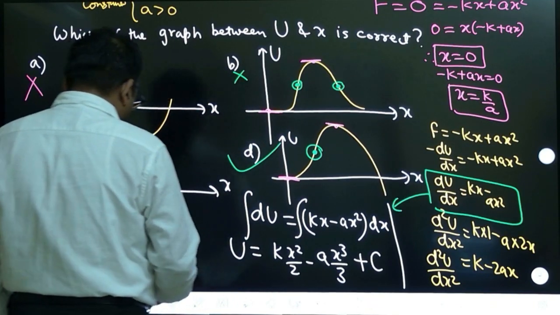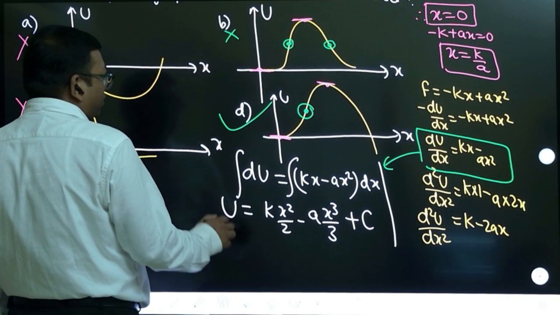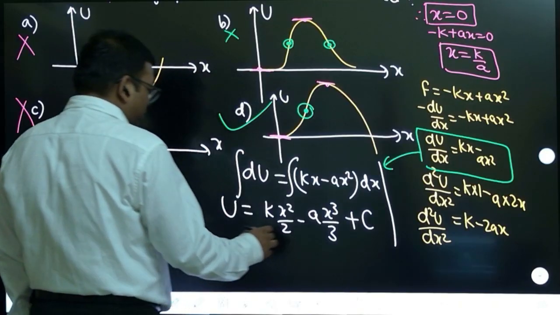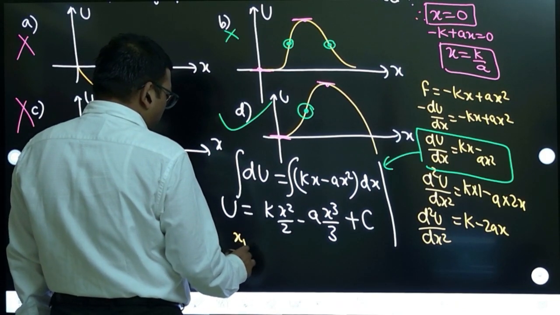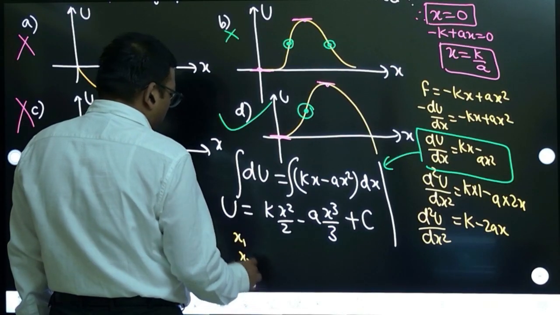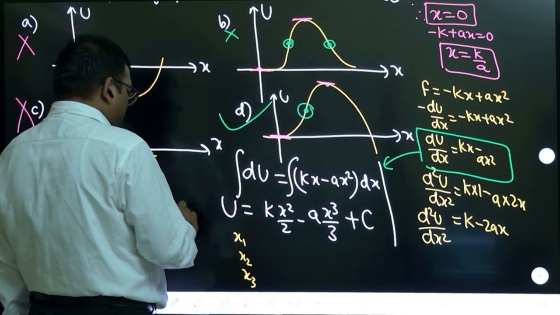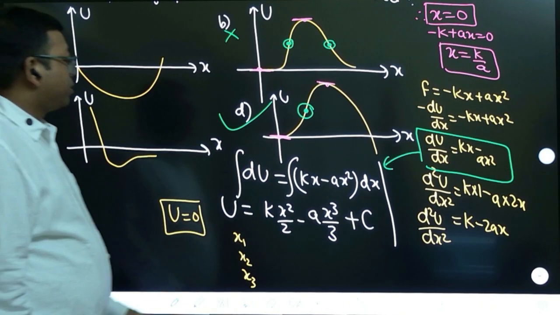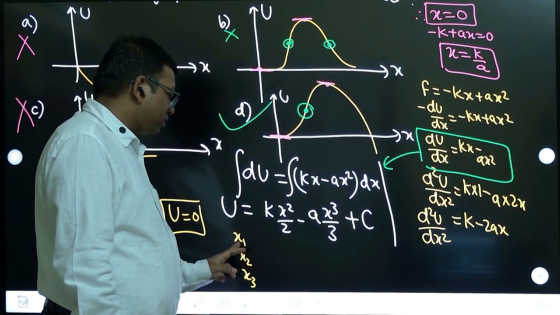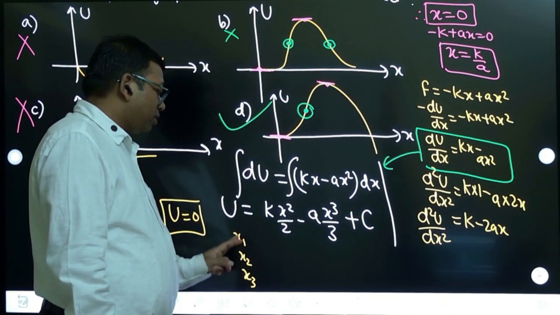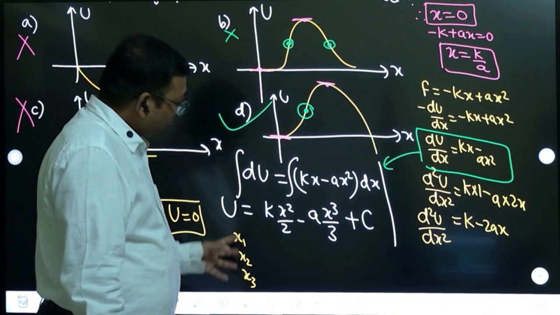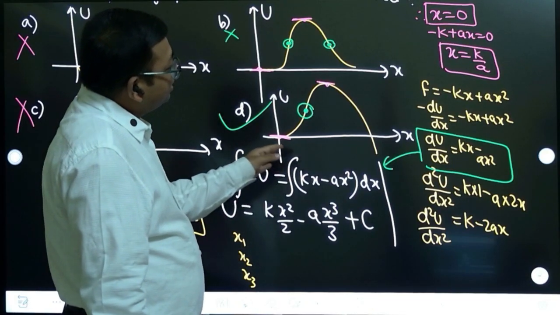Okay, so if I think here in these two graphs, I can have three values of x, x1, x2, x3, where potential energy will be zero. If potential energy is zero, we can find them. So we can have three solutions, but if all three are real, it should cut the x-axis at 3 points.